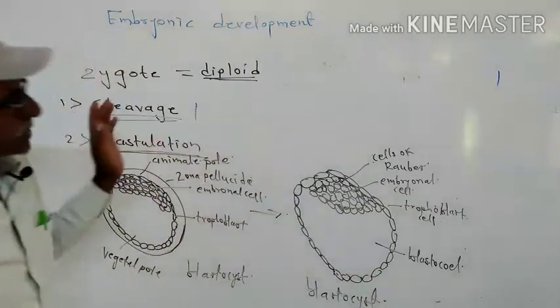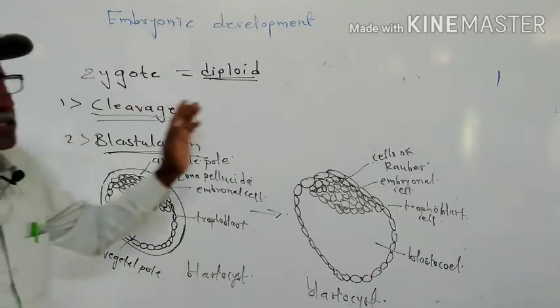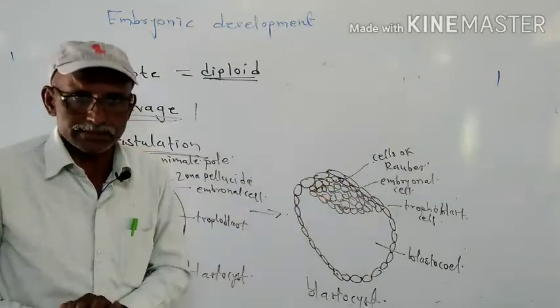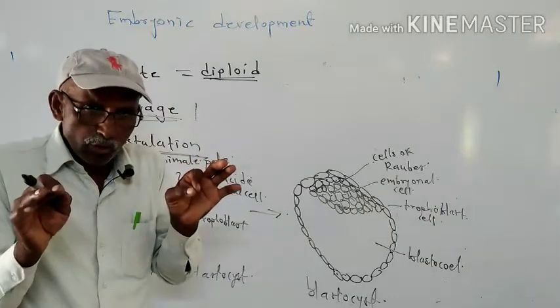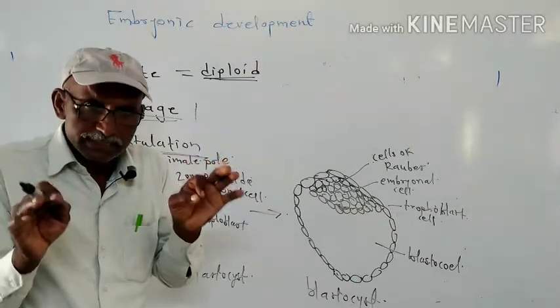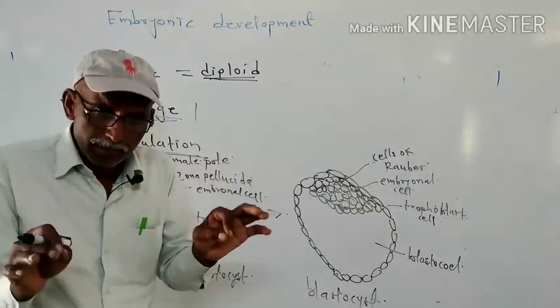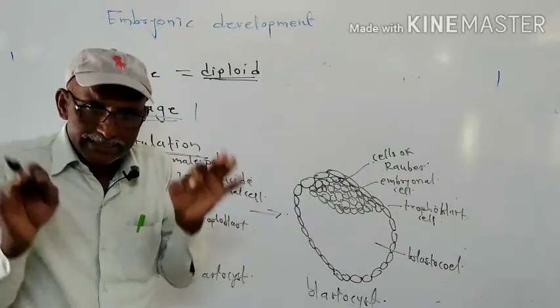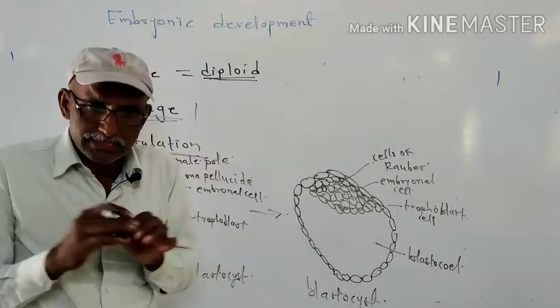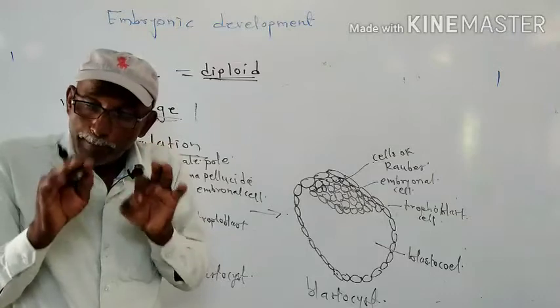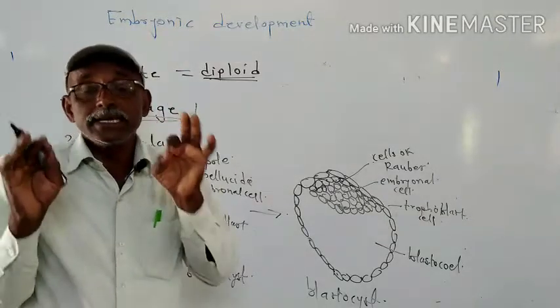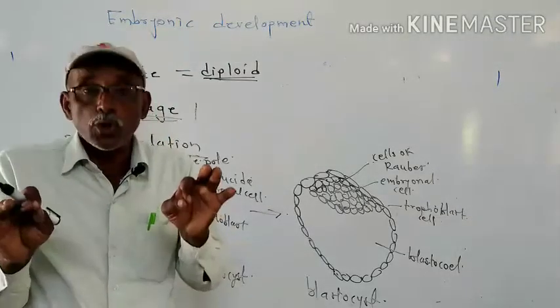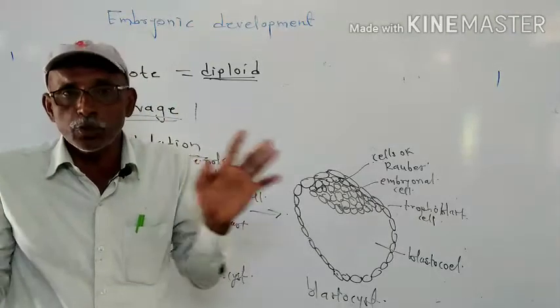So the blastulation process ends by 7 days. From 1 to 4 days the embryo is present in the fallopian tube. After 4 days, it enters the uterus. Up to 7 days, this embryo is suspended in the uterus.